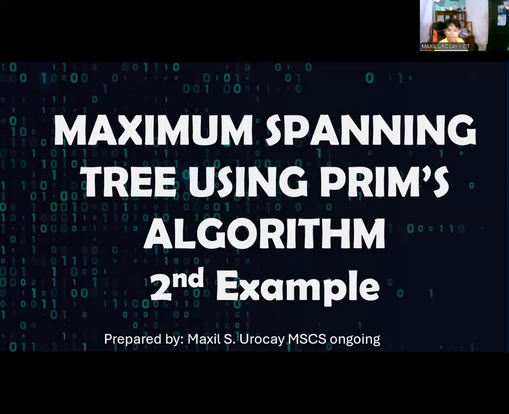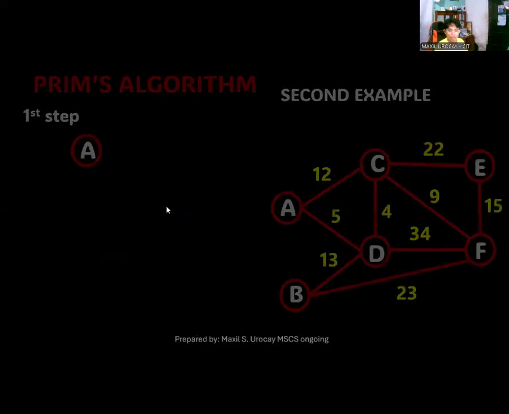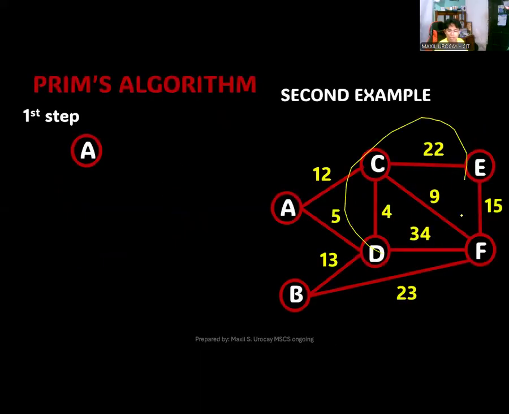For the second example, it is the same problem: you just have to maximize. Suppose that your first step is A. The initialization step is A, your arbitrary vertex. You compare A to C, 12, and A to D, 5.